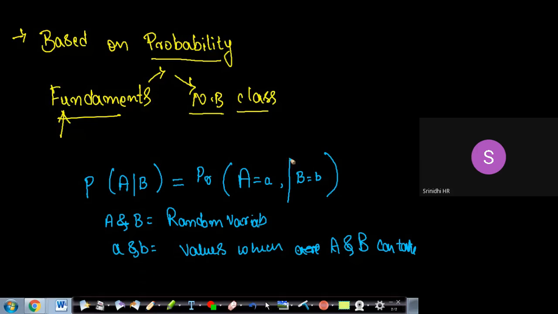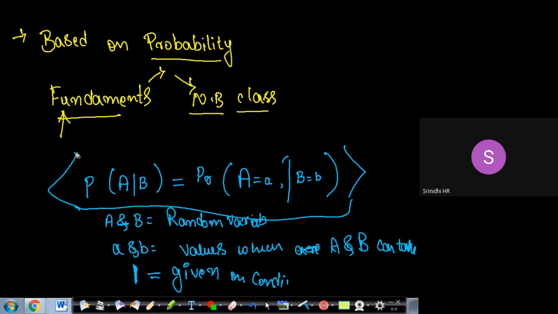And this vertical bar, we call it given, or condition. So how do you learn to read this whole mathematical equation in English? If you are able to read the mathematical equation in English, there comes your understanding.